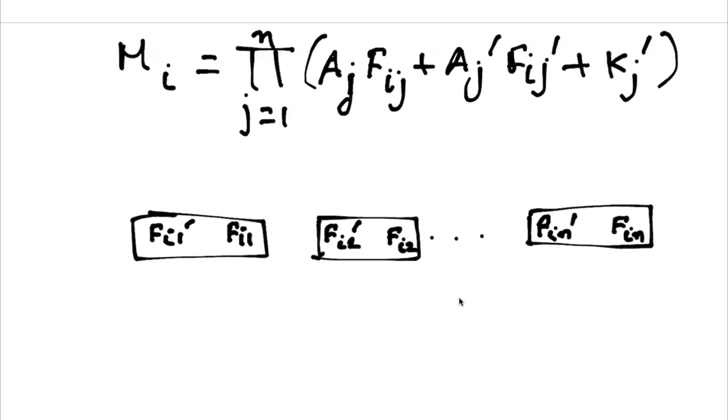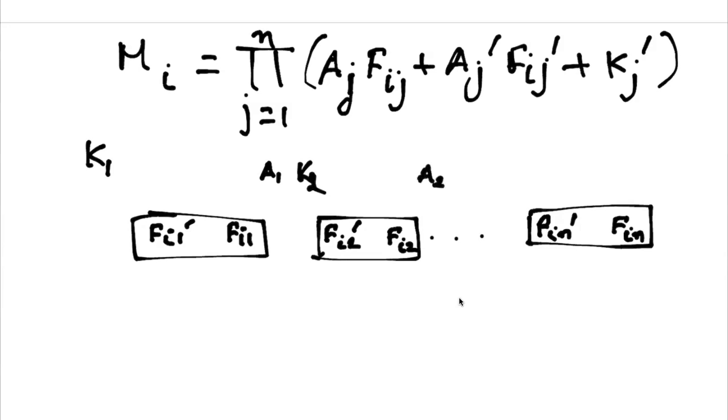Now, for each cell, for the first cell, I have A1 and K1. For the second cell, again, I have K2 and A2.